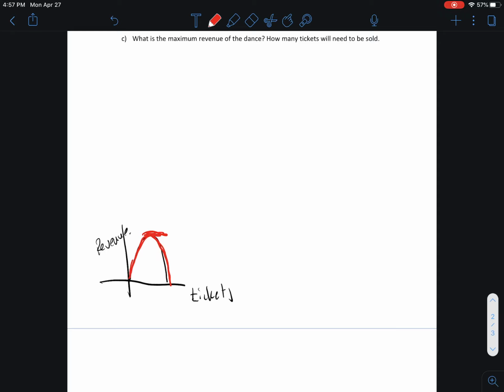So the amount of money I'm going to be able to make is actually going to be maximized depending on my expenses. Using that analogy, or real world example, there are going to be 2 points in time, or 2 numbers of tickets, at which I'm going to break even.